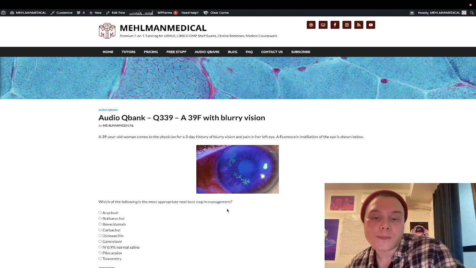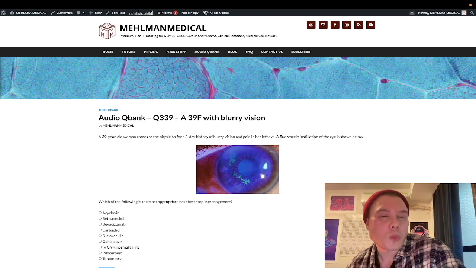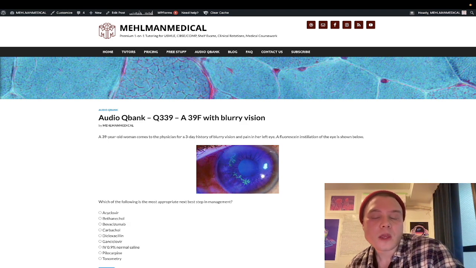Don't worry. You can also be aware that this dendritic structure, not just HSV 1 and 2, but herpes viridae in general. I mentioned CMV retinitis before. You won't see it for that necessarily. It's more for VZV. Okay, you can get herpes zoster ophthalmicus.